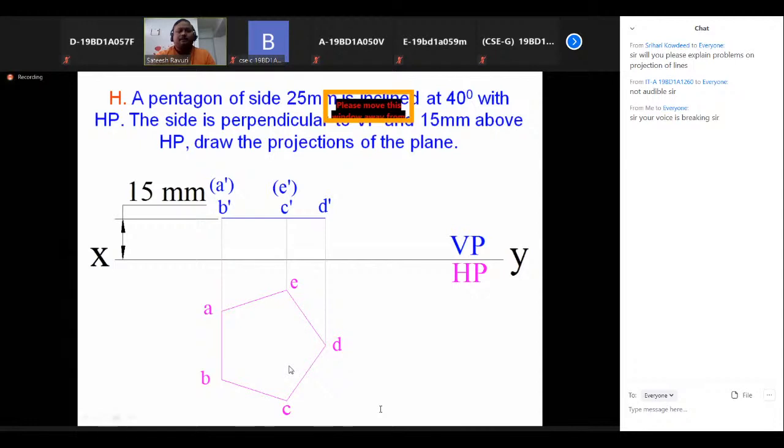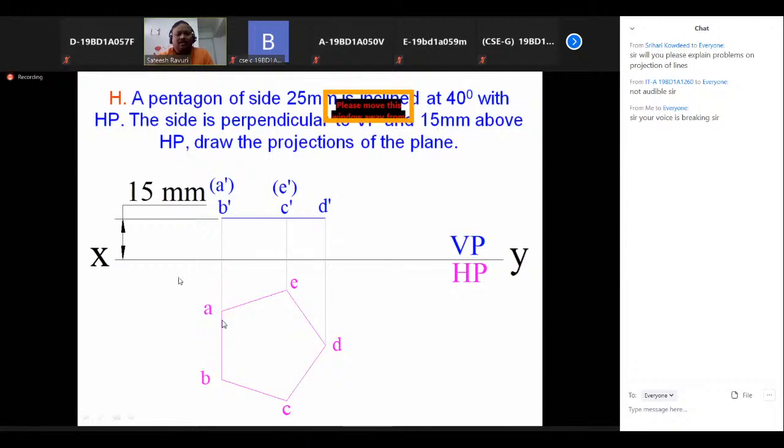So in order to get the reduced shape, firstly we have to start with the true shape, and to start with the true shape, the relation must be parallel. So you have to assume that the pentagonal plane is parallel to the horizontal plane, and draw the set of two views, front view and top view.